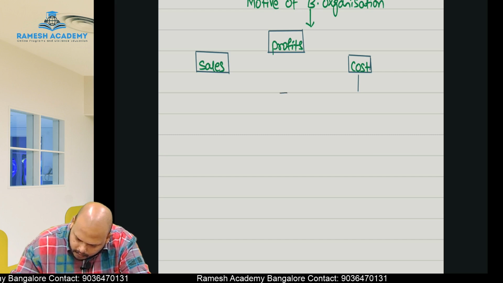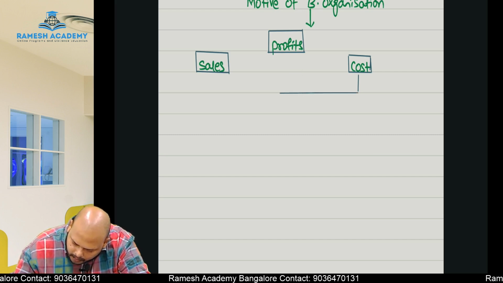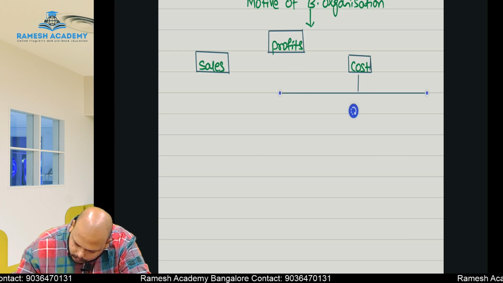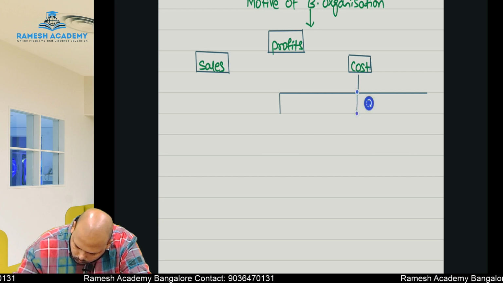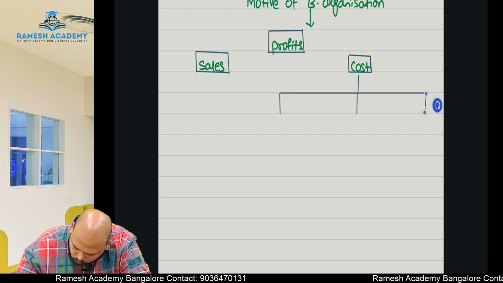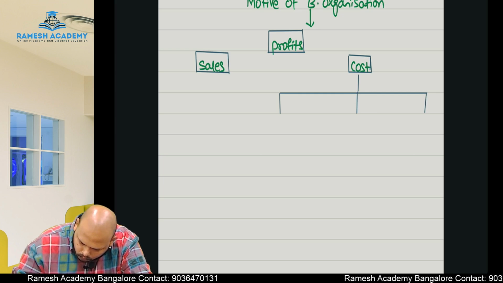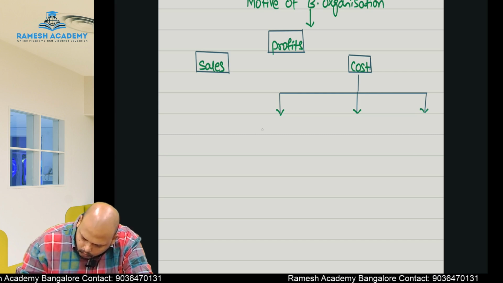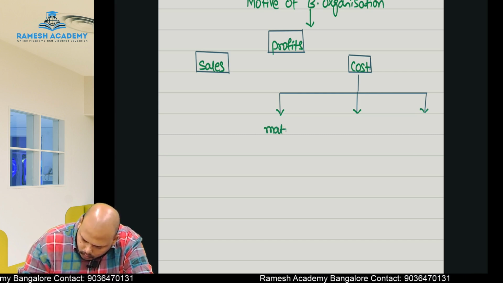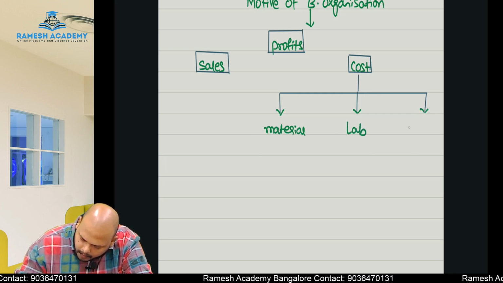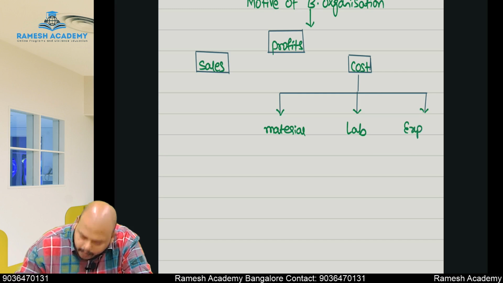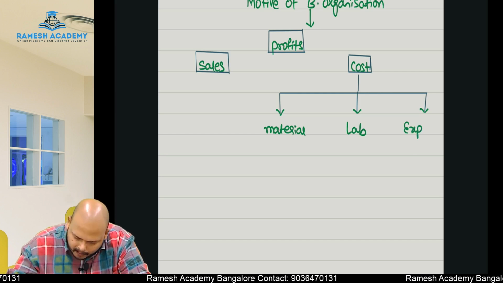How many elements? Three elements. What are those elements? One is material, another is labor, another is expenses. Okay?